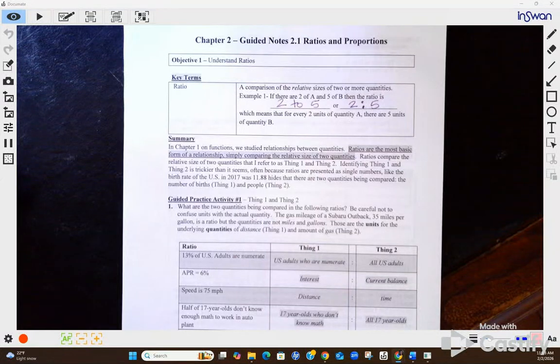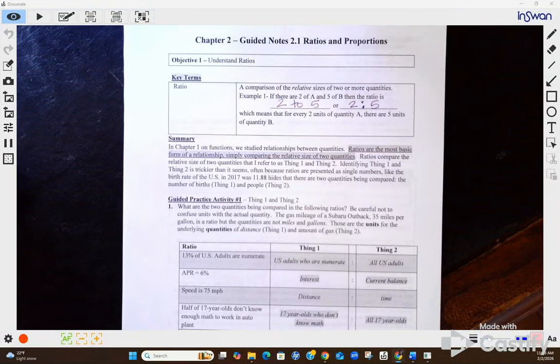That's how they're getting the 13%. They are taking 100% of US adults and extracting from that the number that are numerate, and that's where the 13% is coming from.